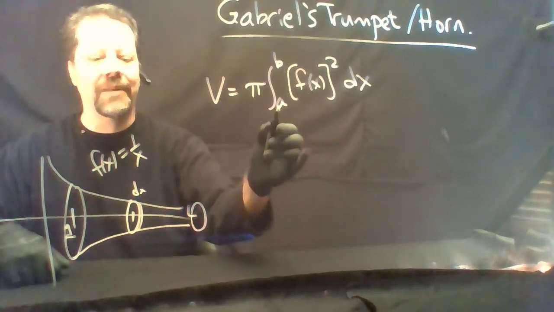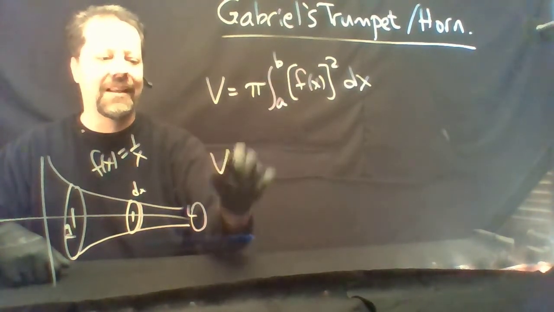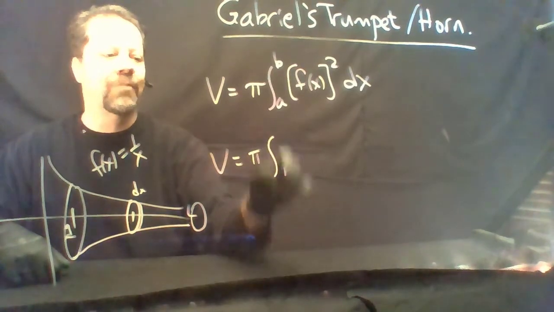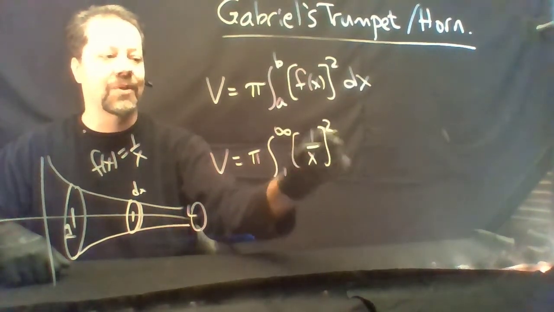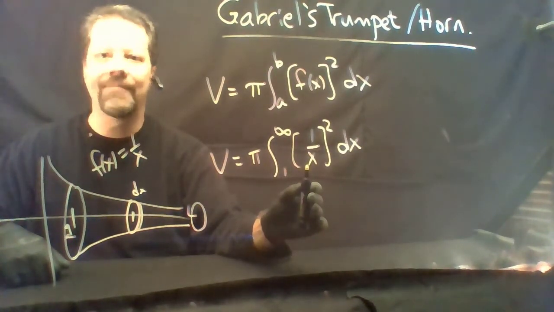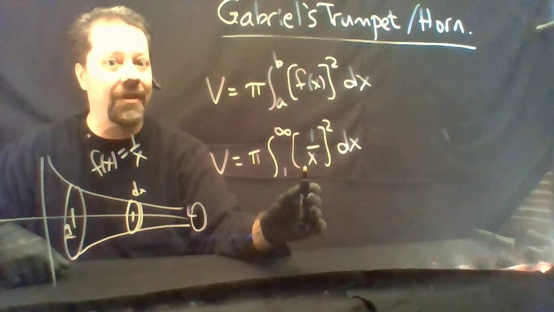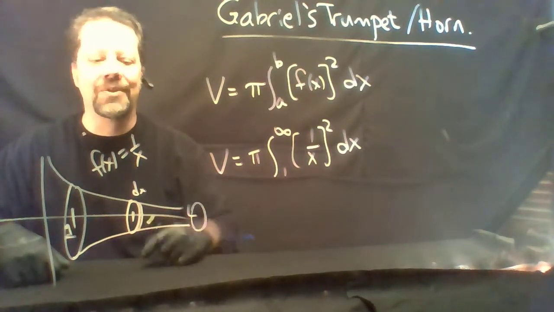For us, we're integrating from 1 to infinity. So we have pi, the integral from 1 to infinity. Our function is 1 over x, and we're squaring it: 1 over x squared. This will give a finite volume. A finite volume of gold is required to fill Gabriel's trumpet.